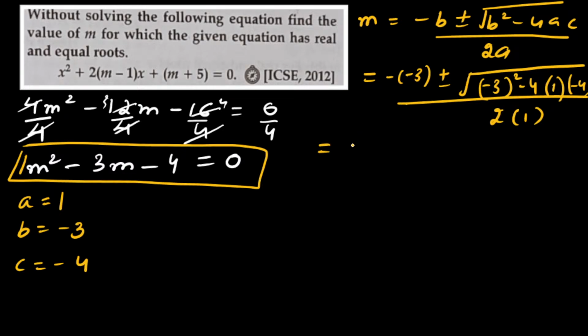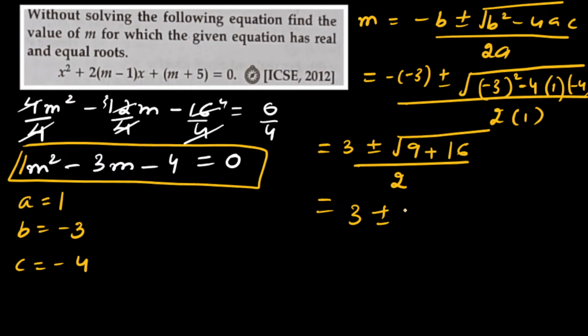So minus minus is plus: plus 3 plus minus root of 3 square, which is 9. 9 plus, here minus into minus will become plus, 4 into 4 is 16, by 2. So here we'll get 3 plus minus root of 9 plus 16, which is root 25, by 2. Root 25's value is 5.